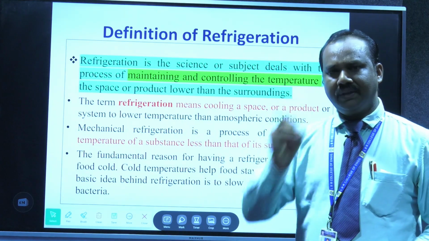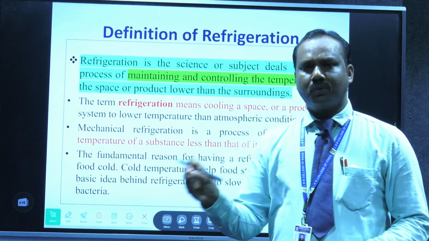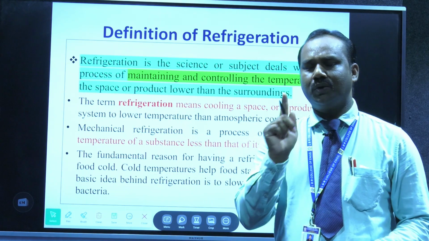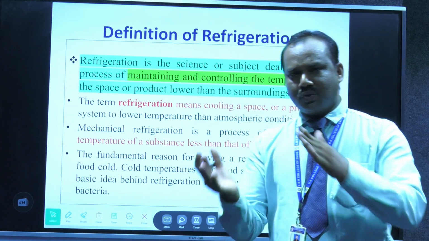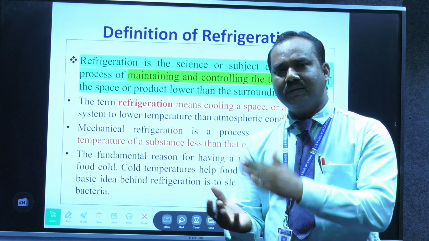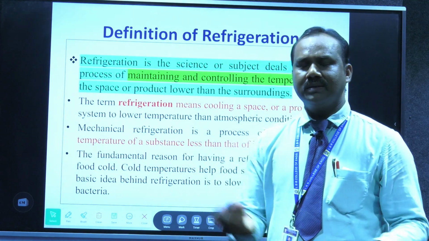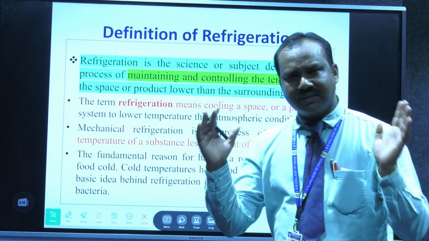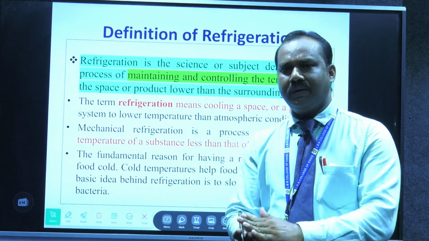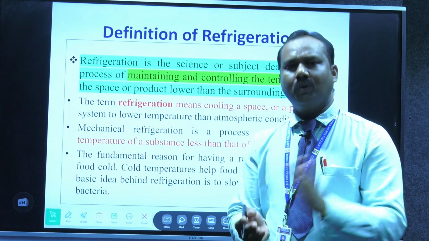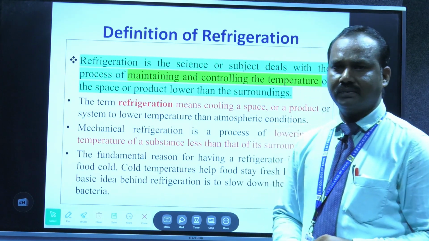In the entire refrigeration process, we are controlling one parameter, that is temperature, and you always need to maintain the temperature of the space or product lower than the atmosphere. It is called refrigeration, right?